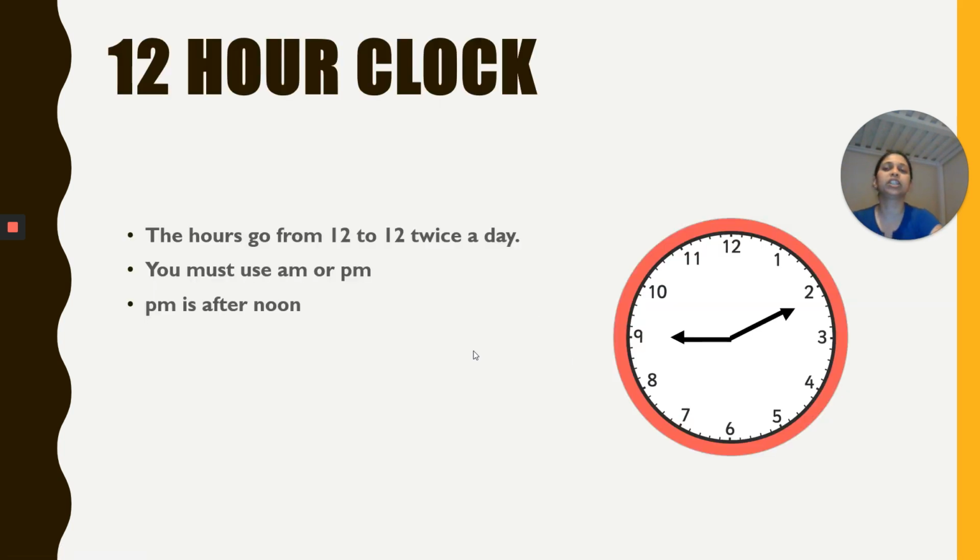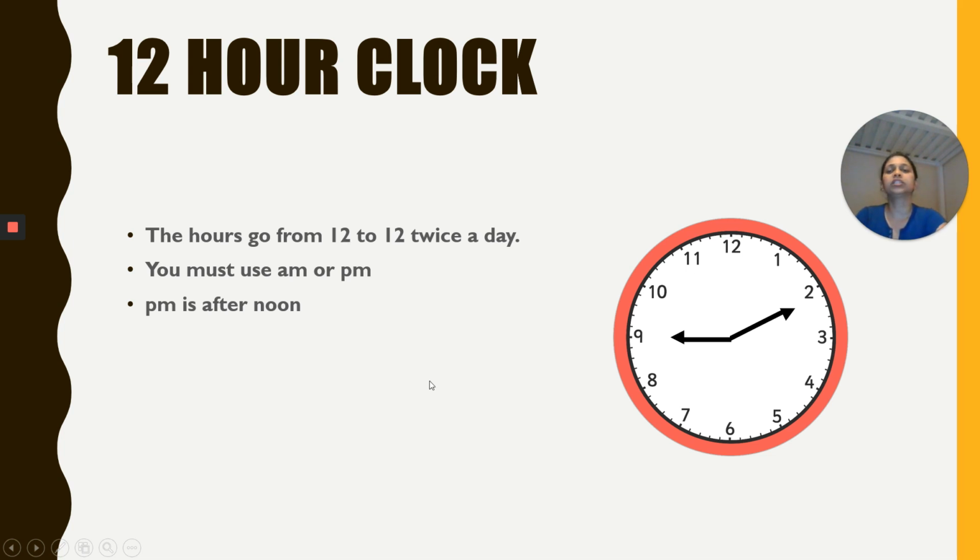So today, your lesson is on a 12-hour clock. We did talk about the 12-hour clock yesterday. To make a whole day, these hands need to pass around the clock 2 times. So it needs to go from 12 to 12 twice in the day to make a whole day.